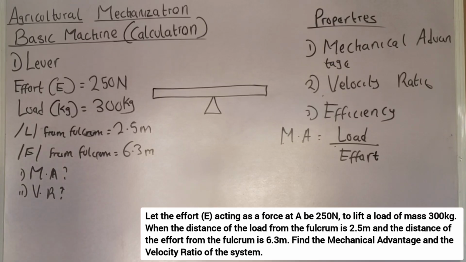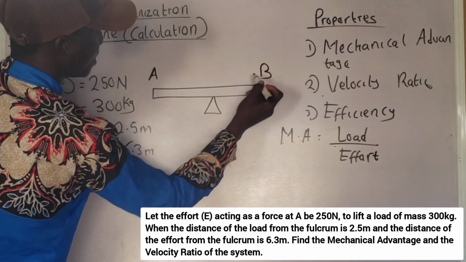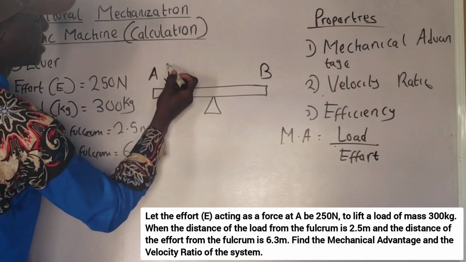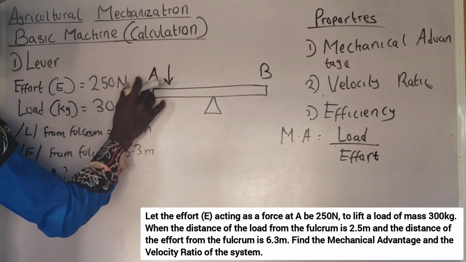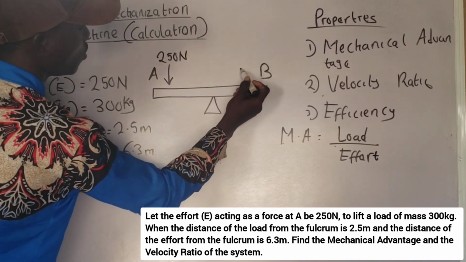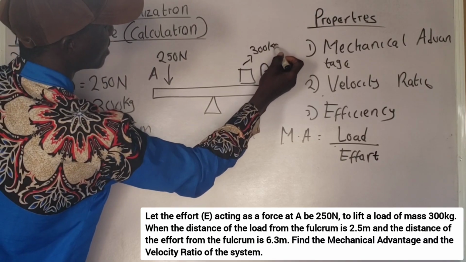On this lever, we have the load part and the effort part. Now, we are given that the effort E acting as a force at A is 250 newtons. Let us call this side A, and let us call this side B. The effort acting on the A side is 250 newton, and the load here is 300 kilogram.